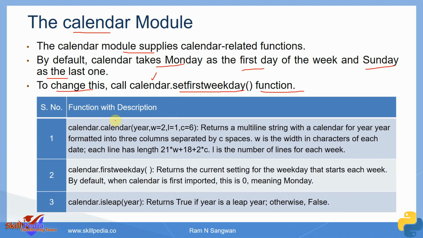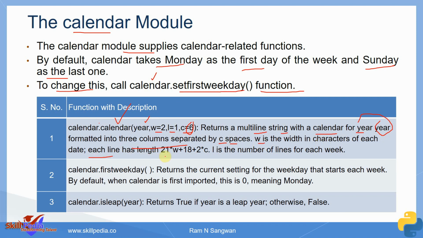The functions of this module are calendar.calendar, with optional arguments: you can specify year, w, l and c. It returns a multi-line string for a calendar for the year specified by the value year, formatted into 3 columns separated by c spaces, that is 6 spaces. c is the number you specify, the default number of spaces. w is the width in characters of each date.